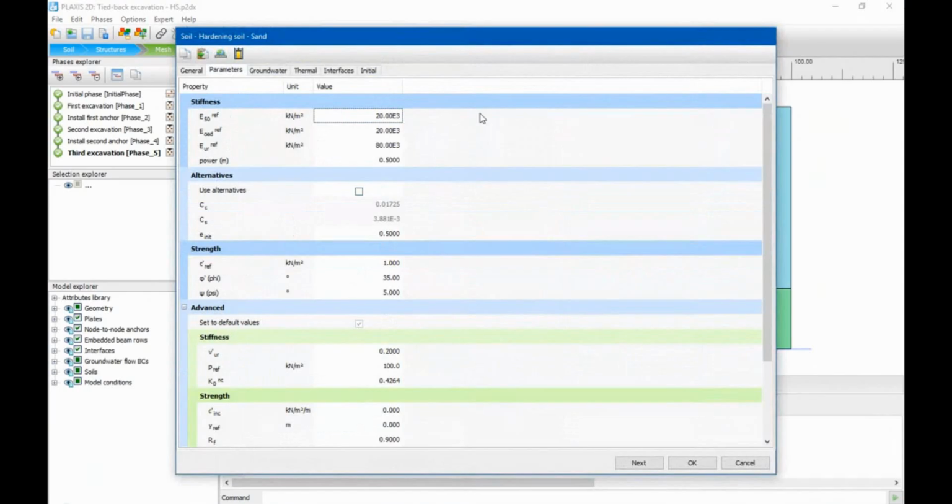So we had the E50, the E odometer, the EUR, 20, 20 and 80 megapascal. They're exactly the same. But you can see that below the block strength, there is no small strain block. There is no G0 here. That 100 megapascal G0 is just not included in this model. This is the difference between hardening soil and HS small. Hardening soil cannot take into account increased stiffness with very small strain level.